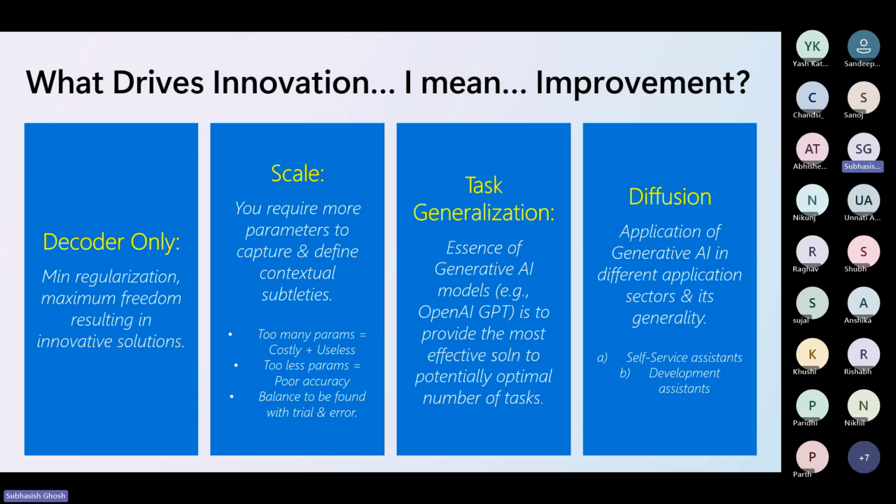First is, as explained in one of the earlier slides for those who were there in the call, the different variants: you had the encoder-decoder, the encoder-only and the decoder-only. The majority, 99% of the research right now, is on decoder-only. Why? We covered this. Decoder-only transformers have seen the most growth owing to the least regularization, so the maximum freedom is provided to the weights, resulting in innovative solutions and the birth of a whole range of solutions.